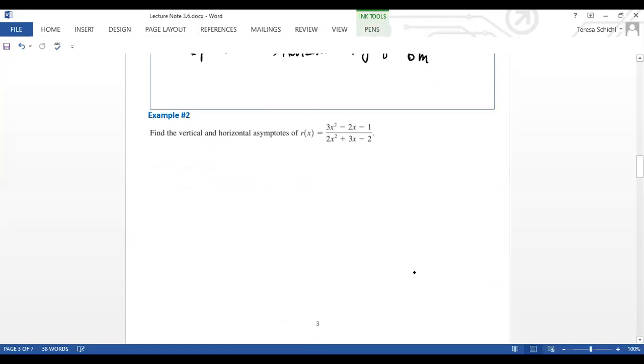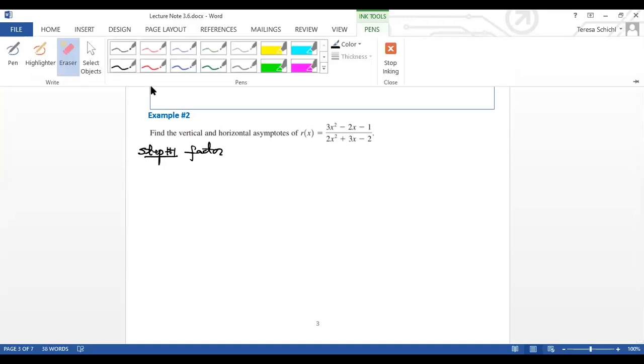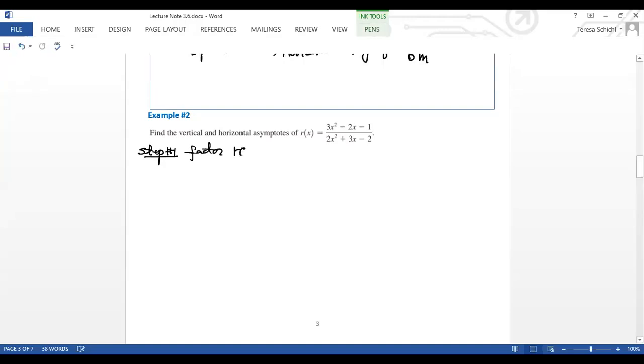Okay, so now let's try. How do I find the vertical asymptote and the horizontal asymptote here? What do we need to do? Step one is to factor. So this is R(x), and I have the factors here.